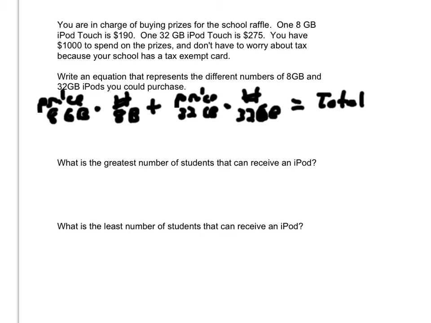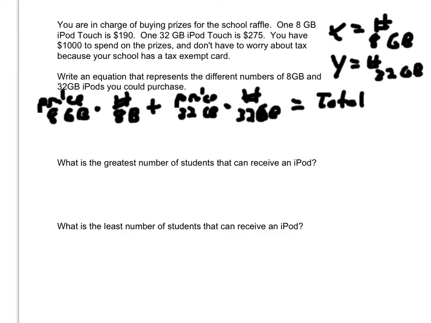Now all we need to do is assign variables to our different types of prizes. So I'm going to assign x to mean the number of 8GB, and we'll say that y equals the number of 32GB. This is the good thing about standard form: before, we have had trouble writing equations in two different variables. Now we can go ahead and do that with standard form.